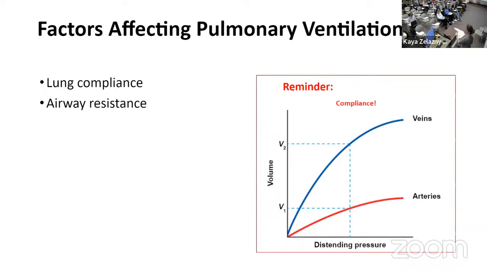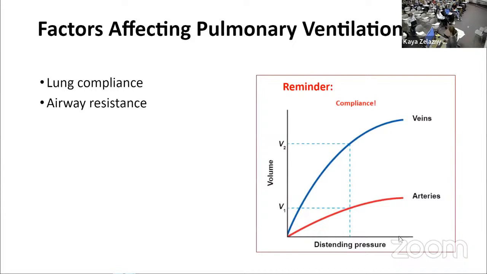So we're going to think about how the compliance of our lungs, so properties of that tissue, are going to affect how much air we're able to get into our lungs and how easily. We're going to think about our airways, which are just a series of tubes. So their resistance is also variable, just like we saw resistance in our cardiovascular system was variable, specifically in those arterioles. So a reminder, we're going to start with compliance.